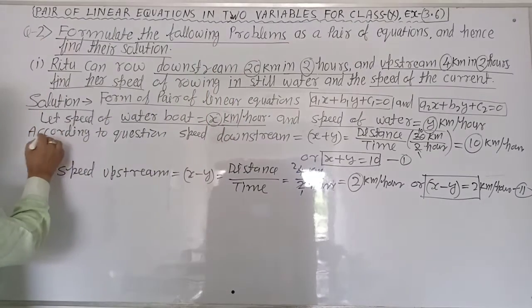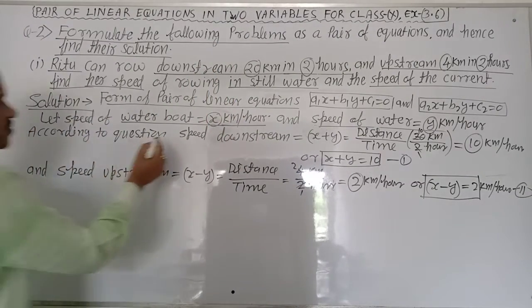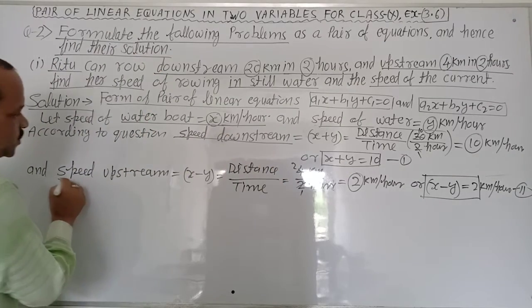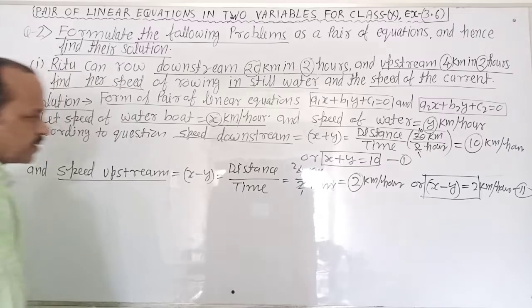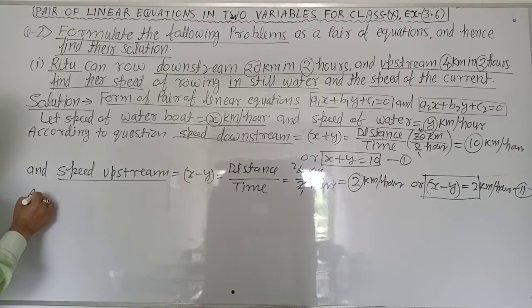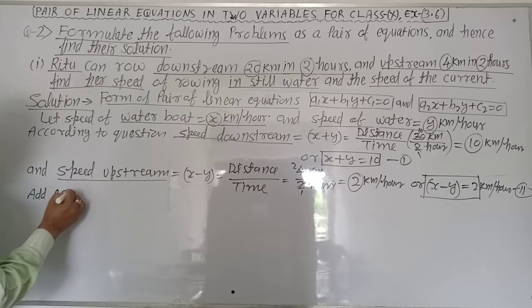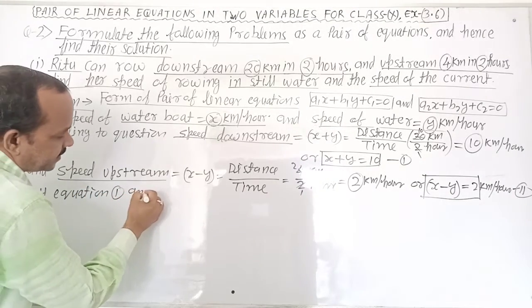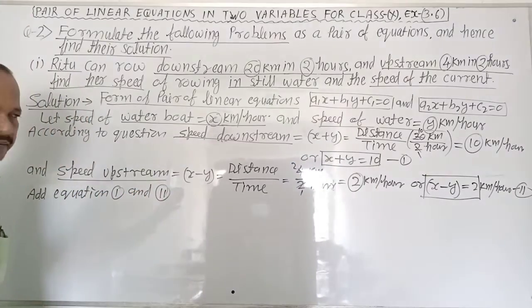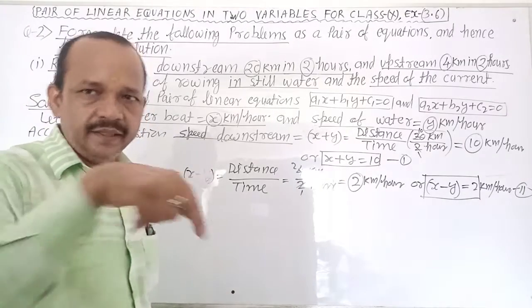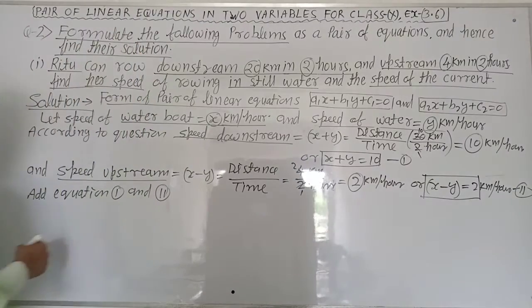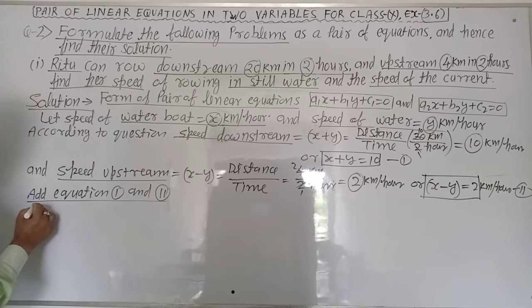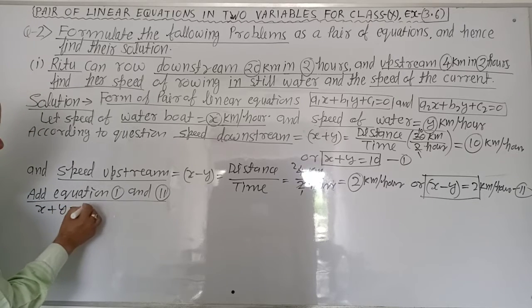Add speed in downstream and speed upstream. Add equation first and second. Equation first, x plus y equal to 10.